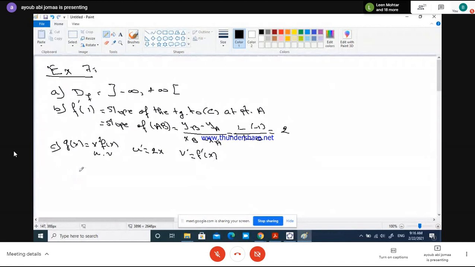Then g prime of x, which is u prime v plus u v prime, is equal to, replacing the given values, 2x times f of x plus u, which is x squared, times f prime of x.